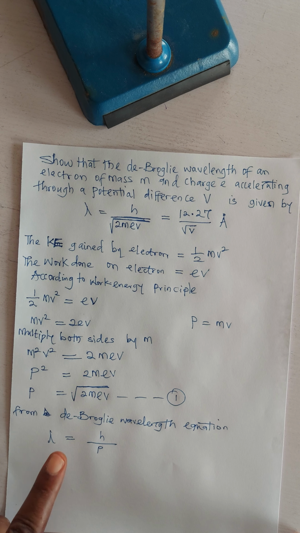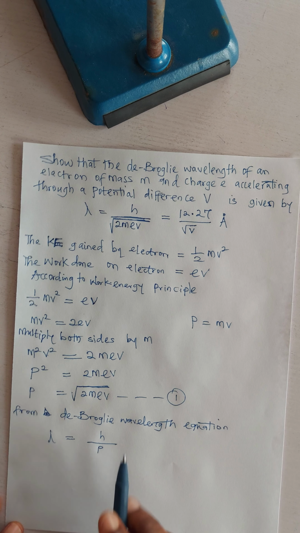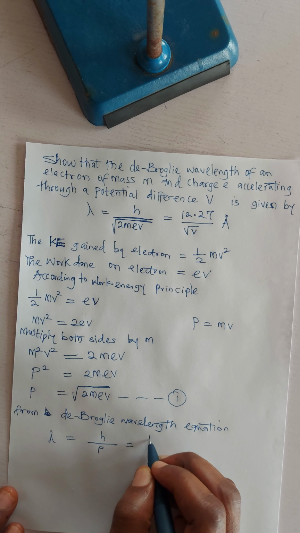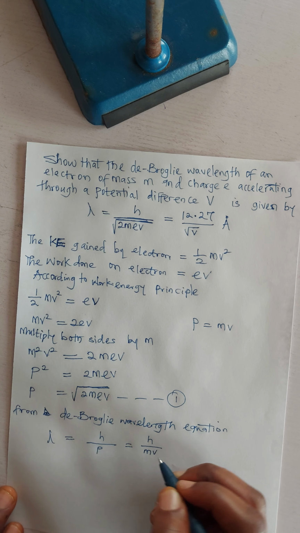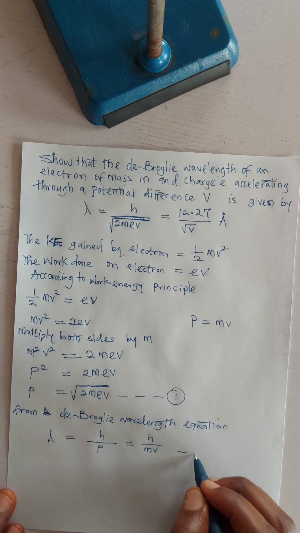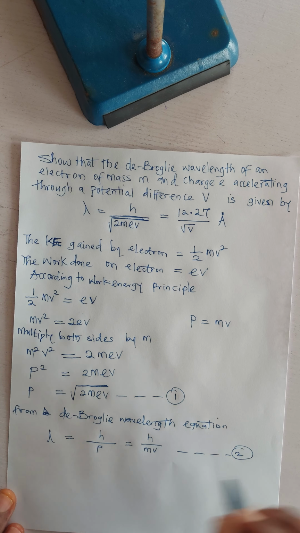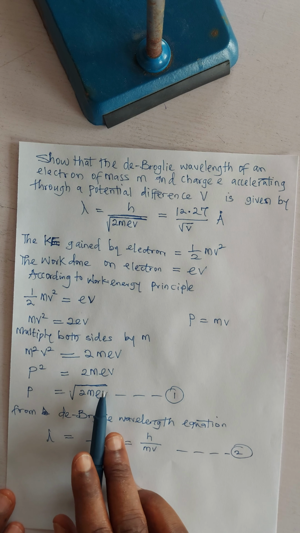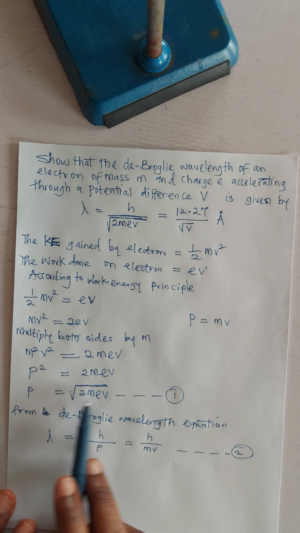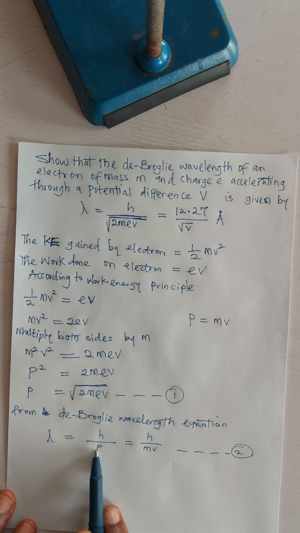The wavelength lambda is equal to Planck constant h all over momentum p, right? It can also be expressed as h over mv, right? Okay, we already have our p here in equation 1. Call this equation 2. We already have p, which is equal to square root of 2meV. Then I'm going to substitute this value of p in place of p in equation 2. So substitute equation 1 in equation 2.